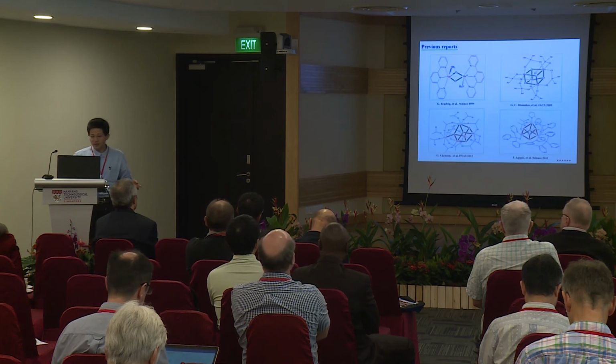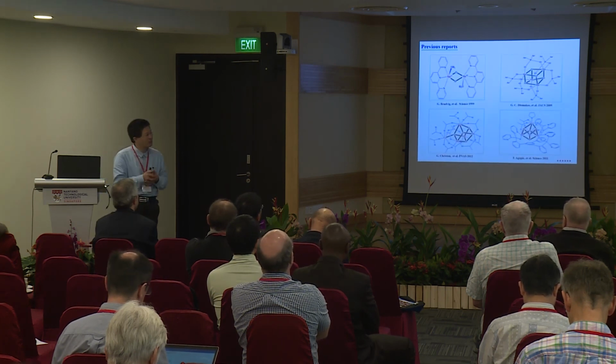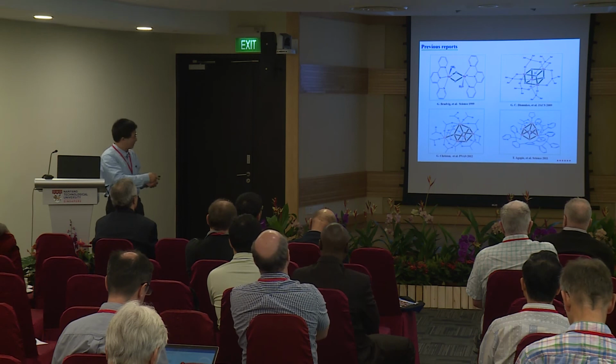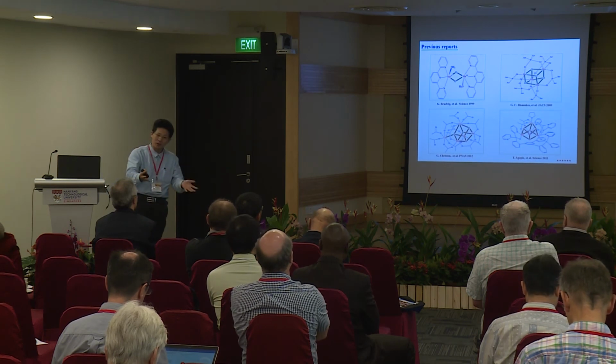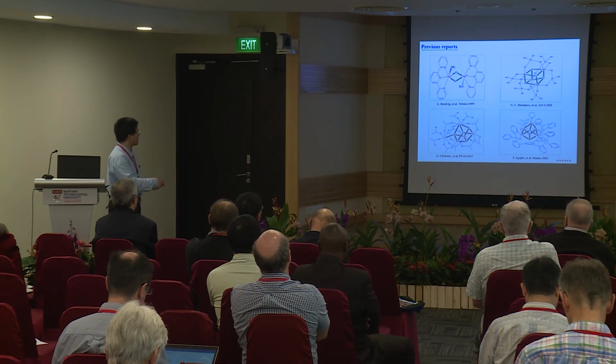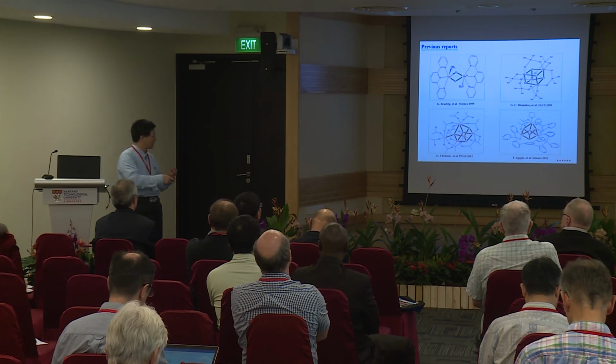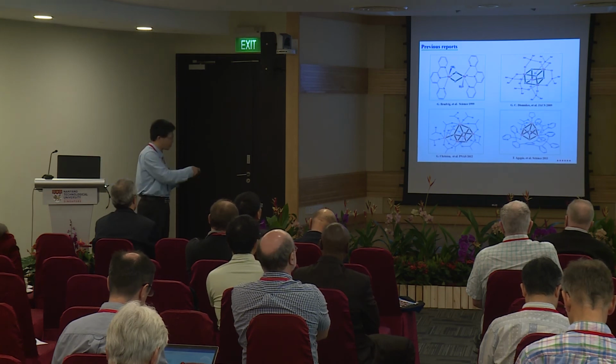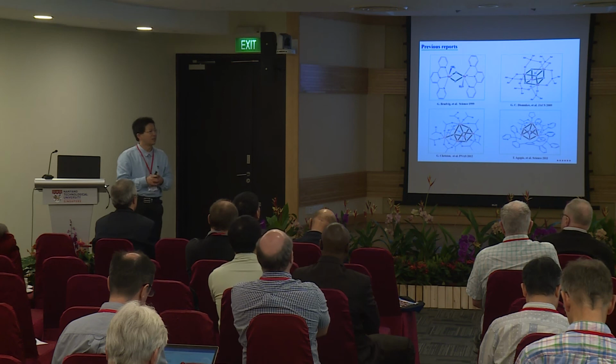Even so, chemistry can still make very beautiful compounds. This one is from Gary, almost 20 years ago. This one is from Dismukes' group, with 4 manganese. This is another very nice complex, with 3 manganese and 2 calcium. And this one is from Professor Agapi, whom we heard this morning.